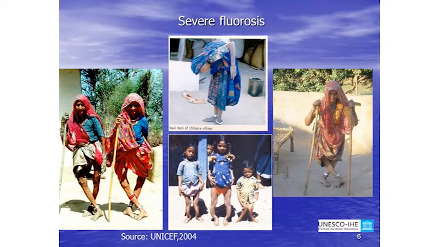Now, the major source for fluoride ingestion is mostly through drinking water. These are some pictures that show the effect of drinking water with high fluoride content. The lady at the top there is just about 40 years old, but because of the fluorosis, she's almost looking like she's 80.